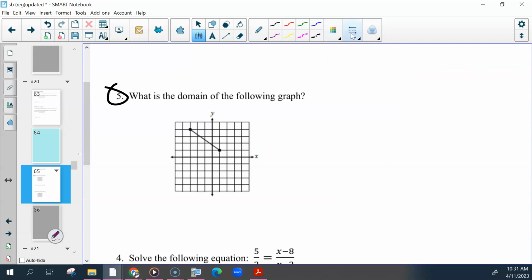So domain, we're looking at furthest point to the left, furthest point to the right. This has endpoints or walls. So we're looking from one endpoint to the next, reading left to right.